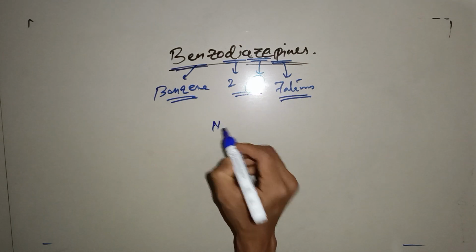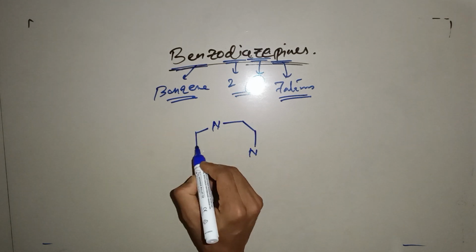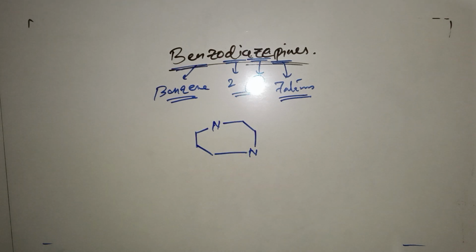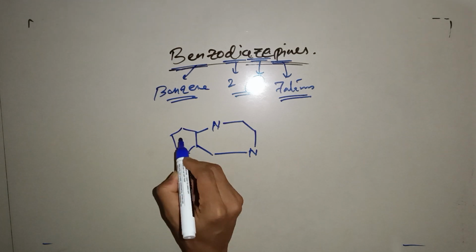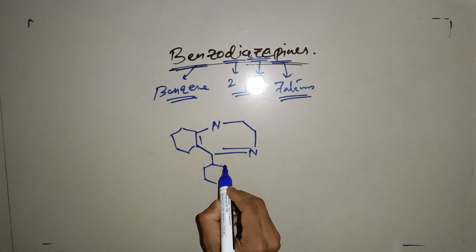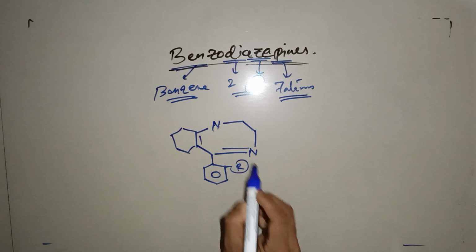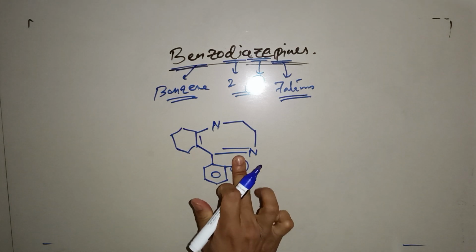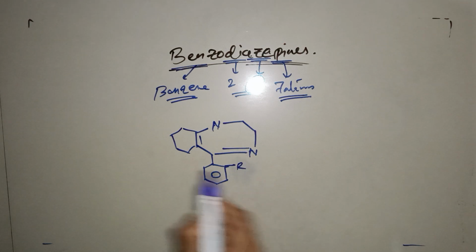That is, the structure is like this: benzene, so nitrogen. So this is the 7-atom structure. Along with this, we will get a benzene ring attached, and along with this, we will get another benzene ring attached. So 2 benzene rings.